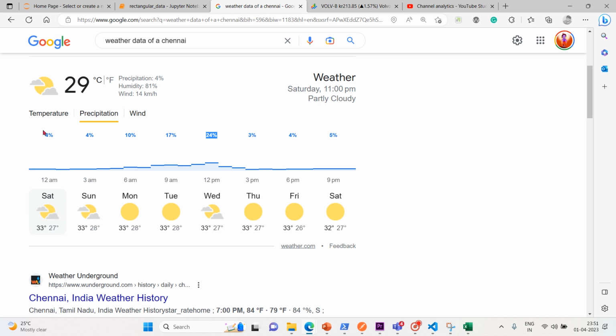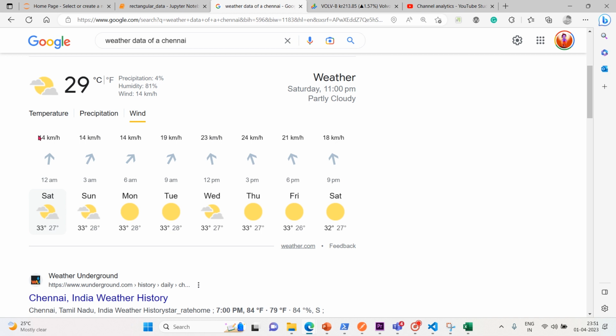But at night it's pretty low. Obviously the temperature at night is lower, and with that the evaporation process will also be low, so that's the reason for 4%, 4%, 10%, and this is how it changes.